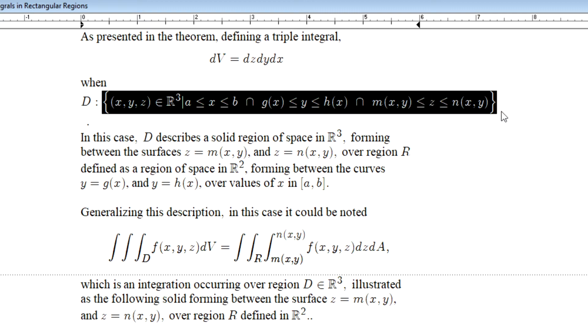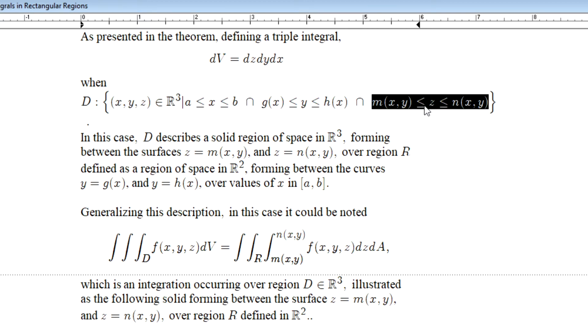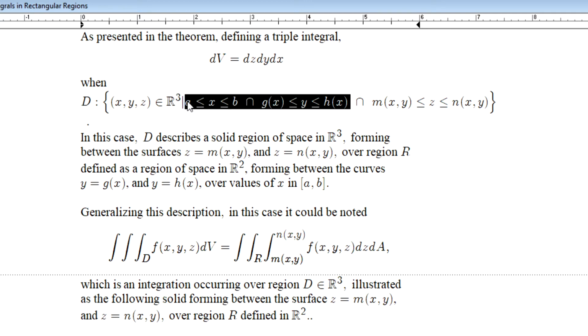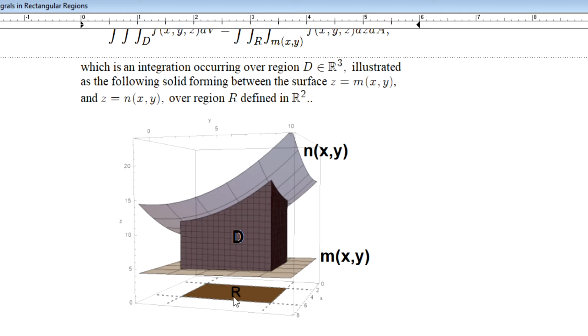We see that laid out here in our definition of D, where the other intersection, between x and y's bounds, is what we describe as this region R here in 2 dimensions. This solid D forming between these two surfaces in 3 dimensions is a solid forming between these two surfaces over this region R, where R is occurring across some functions of x, from g of x to h of x.